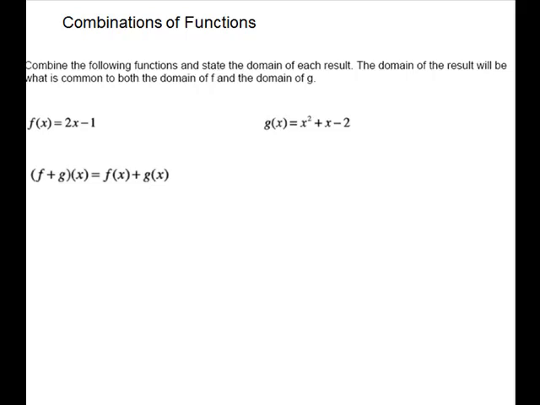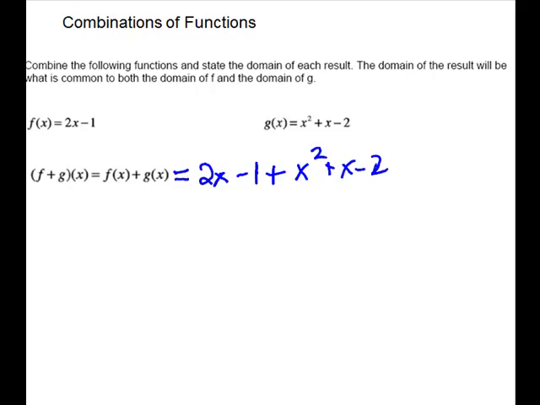You have two different forms of notation. You could do f plus g of x, or you can write them separate, but it just means add the functions together. So we have 2x minus 1 plus x squared plus x minus 2.